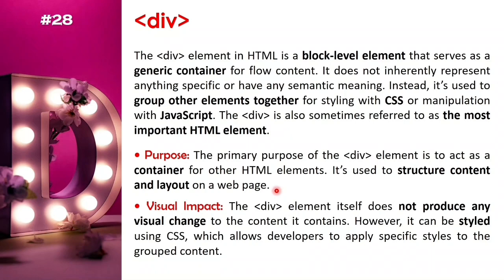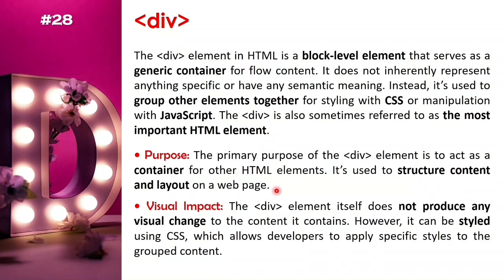So by default, the div does not produce any visual change, right? You cannot see it. You can put content inside it, so there's no visual change in the browser, unless you use CSS. So mostly what we mean is that we group these, and then we use CSS to style them in a similar fashion, or to lay them out in a specific way, right?